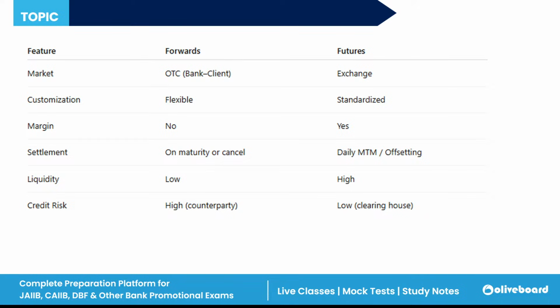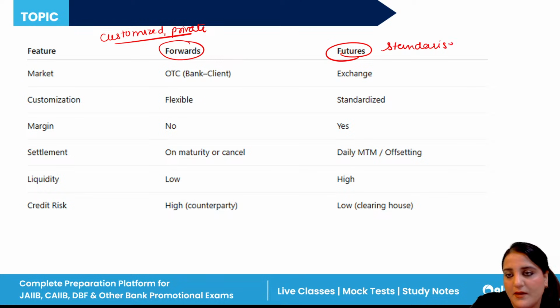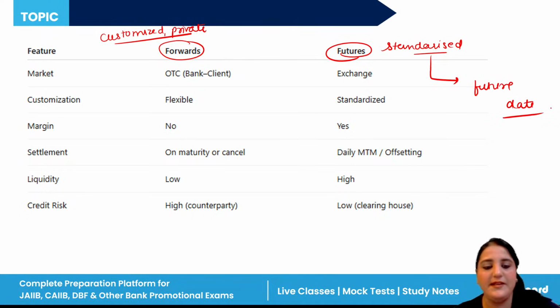Whereas future contracts are generally those contracts which are standardized, and these are legally binding agreements to buy or sell an asset at a predetermined price on a specific future date, right? Forwards are customized and private agreements according to the parties. Futures are standardized, and settlement happens on the future date. Clear? So this is the difference between forward and future market.